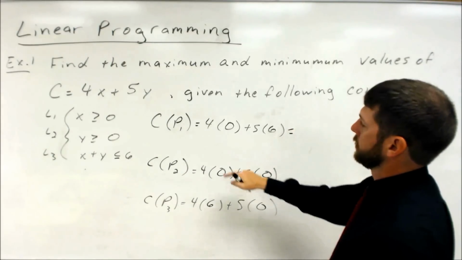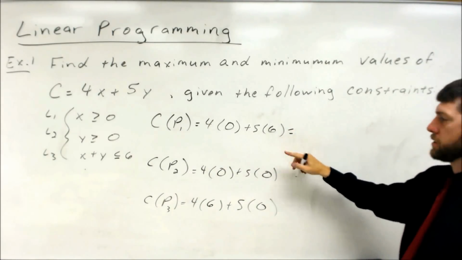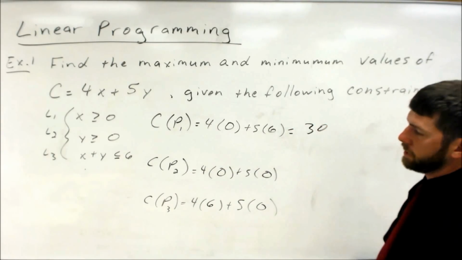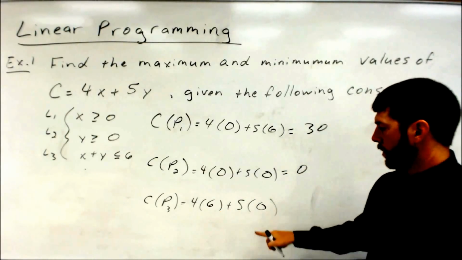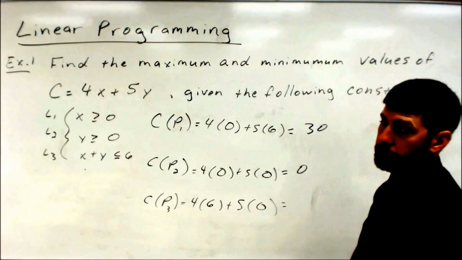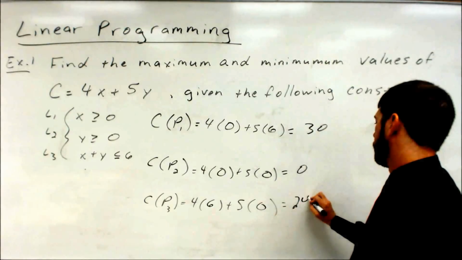We do the arithmetic. 0 plus 30 is 30. 0 plus 0 is 0. 24 plus 0 equals 24.